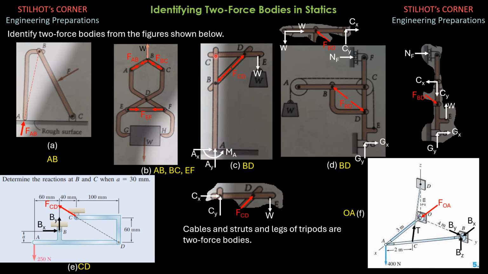Then at C, just in case we want to draw the FBD of this vertical member, we have CY, which is going down, and CX, which is, for this FBD, CDE, we just assume that both CX and CY are positively directed.